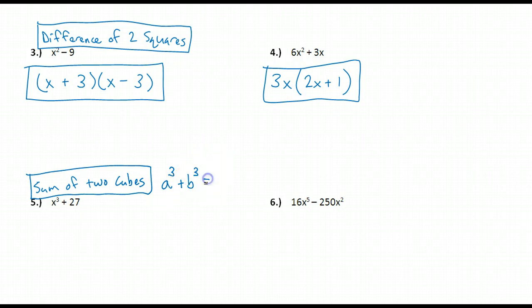To factor it, I'm going to factor it into a binomial, a plus b, times a trinomial, a squared minus ab plus b squared. So if I look at this problem, I need to rewrite this problem as something cubed plus something cubed.